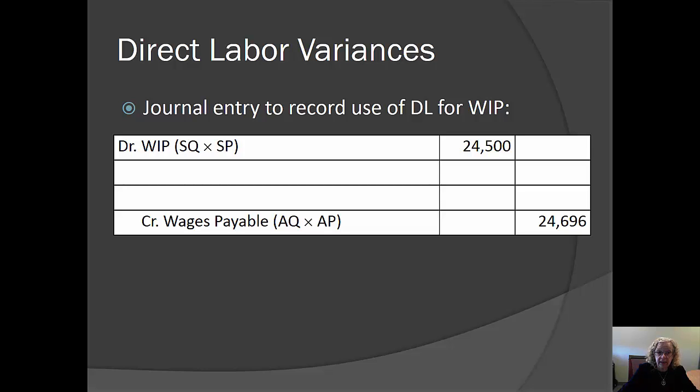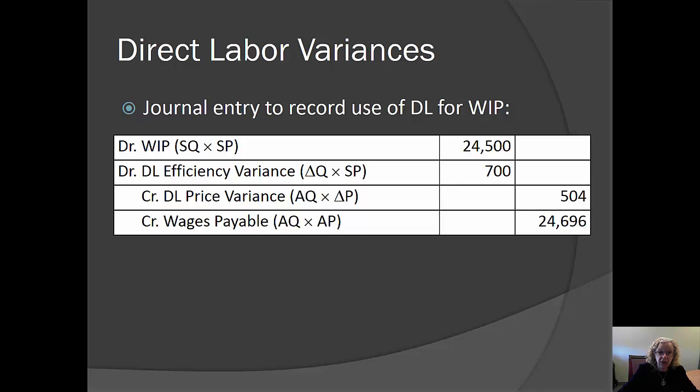Therefore, we're going to debit the unfavorable direct labor efficiency variance that represents an increase in our costs, and we are going to credit the favorable direct labor price variance. Of course, we know that the sum of the debits must equal the sum of the credits, and we can use that to check our work.